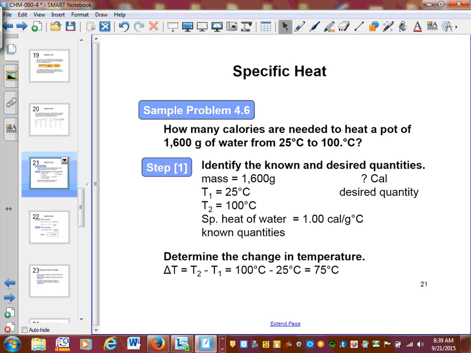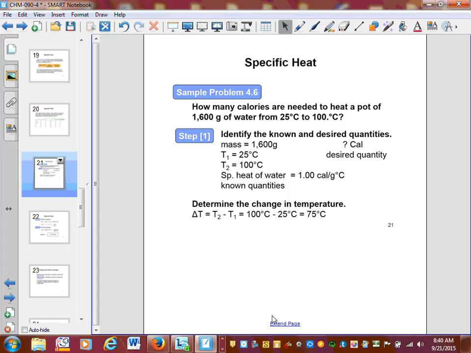So how many calories are needed to heat a pot of 1,600 grams of water from 25 degrees to 100 degrees? I'm going to give you an equation. The heat, which I'll call Q, is equal to the specific heat times the mass times the change in temperature.